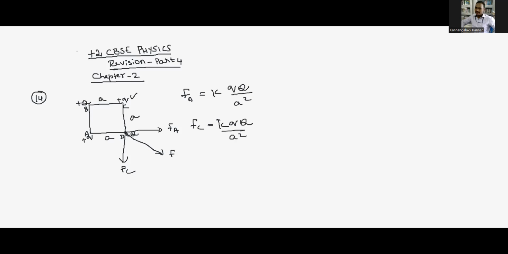Now I want to find the resultant of these two forces. What is the formula for the resultant force? I have to use the parallelogram law of vectors.